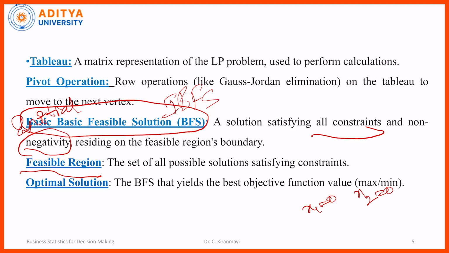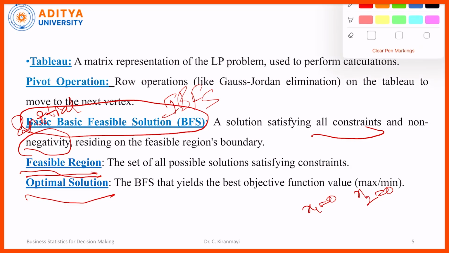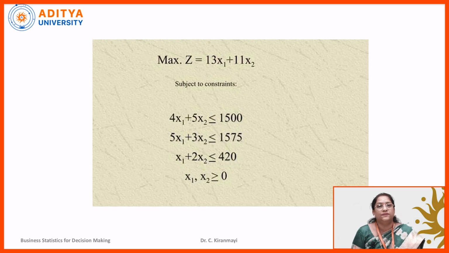Among the multiple alternative solutions, the best one we call the optimum solution, and the set of all possible solutions satisfying the constraints is called the feasible region. These are the basic terminologies which we use in the simplex method.